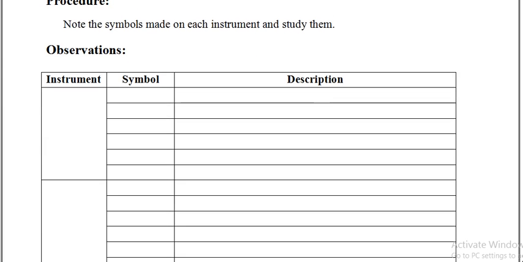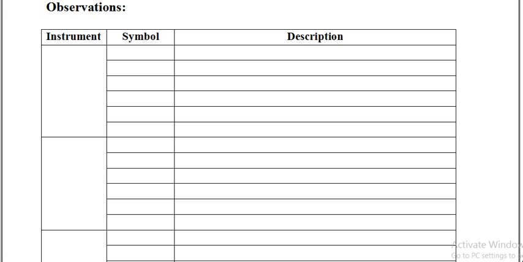So in this lab, you have to go through different instruments which are available in the lab. You have to visit the lab, open the drawers, open the different instruments, look at the front, the back, and the left or right side of these instruments, and you will see different symbols marked by the manufacturer on these instruments.